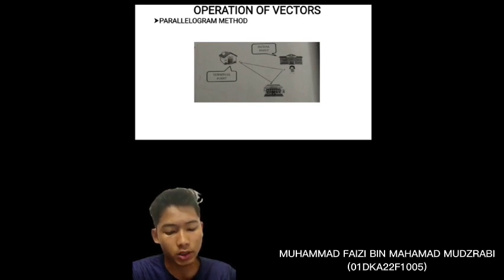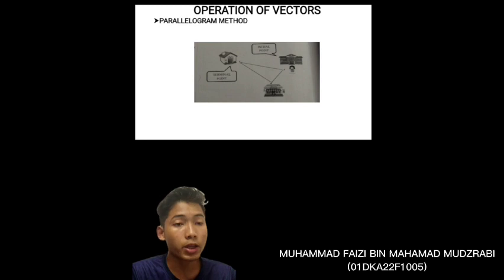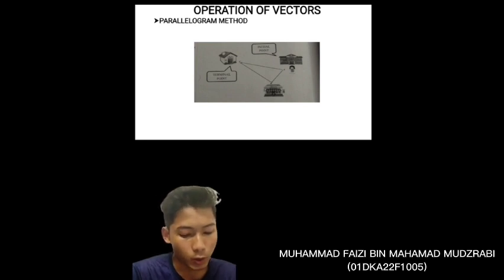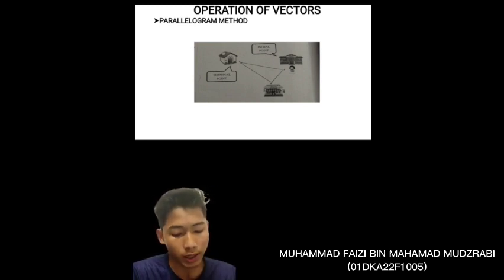The resultant displacement is that Susie has walked from the school to her house, A to C. The resulting displacement vector AC is called the sum of AB and BC. AC equals AB plus BC.